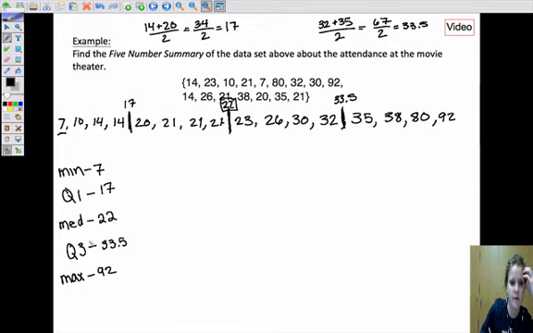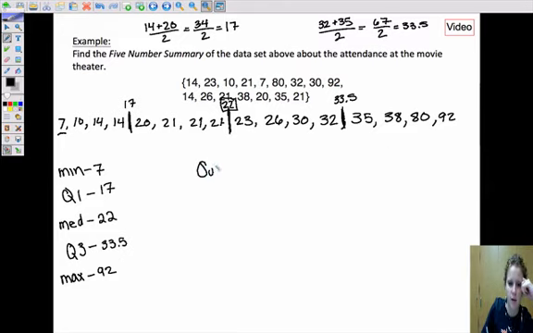So I have my 5-number summary, okay? Now we had talked before about the fact that these two numbers are huge. These two numbers are huge. So what I want to do is find the interquartile range, and that's going to help me get my outliers, okay?